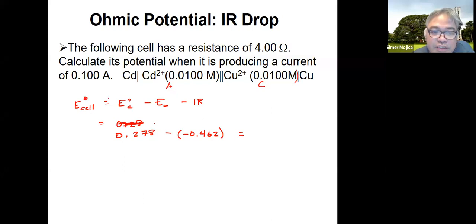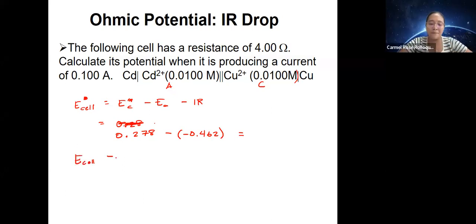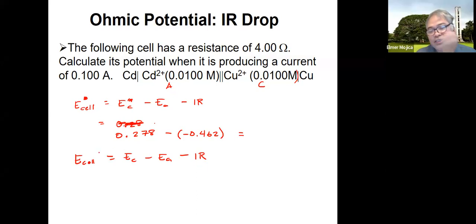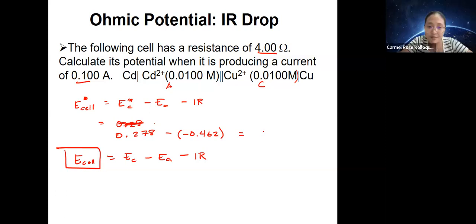Maybe we don't put this one. Because 0.1, it's just the cell. We want to see what the real potential is if we have the IR drop. So when there's no IR drop, what do we have here? 0.74, when there is no IR drop.